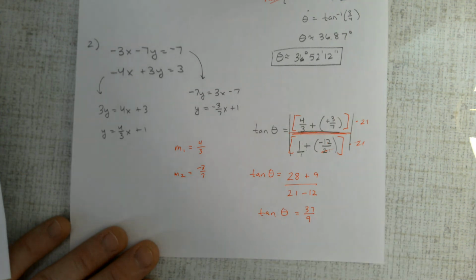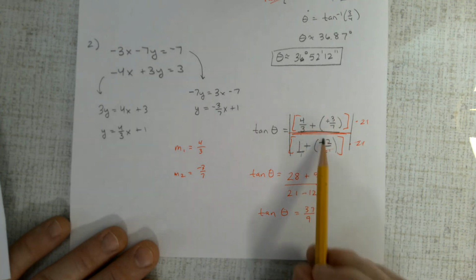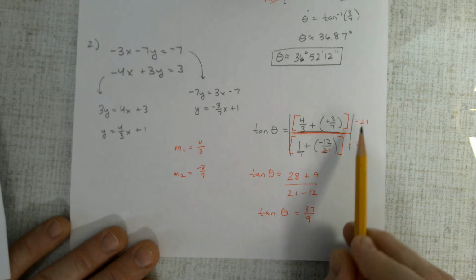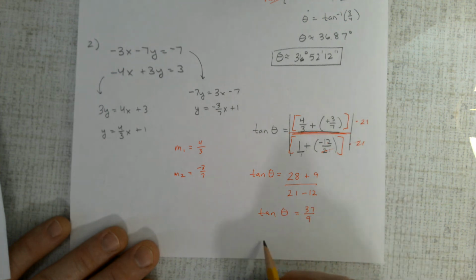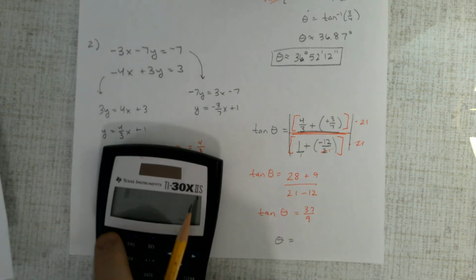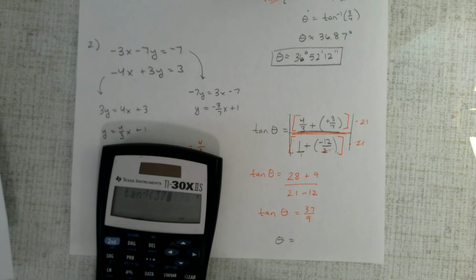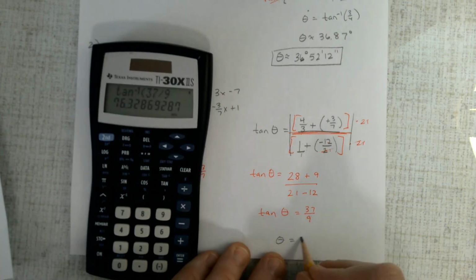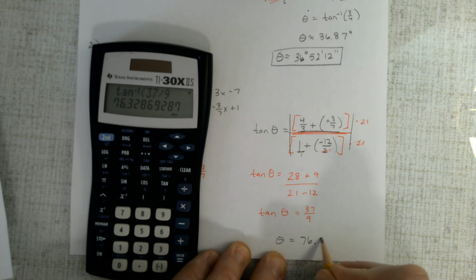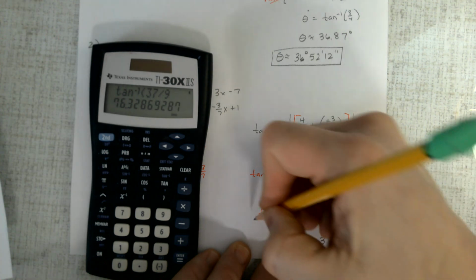Again, can do this from here to here a lot of different ways. This is usually the quickest. Alright, inverse tangent of 37 ninths is 76.33 degrees.